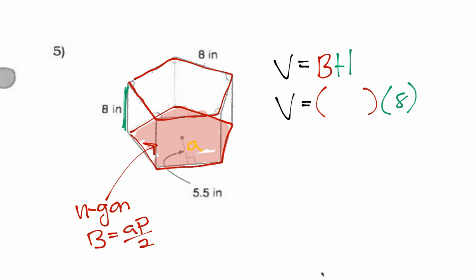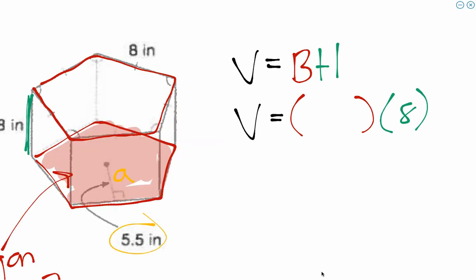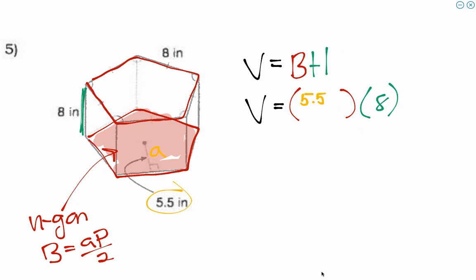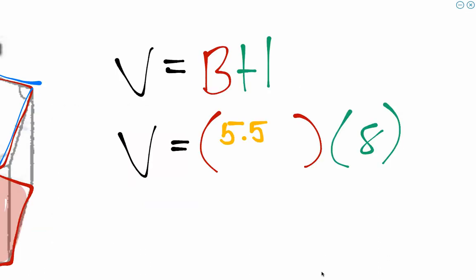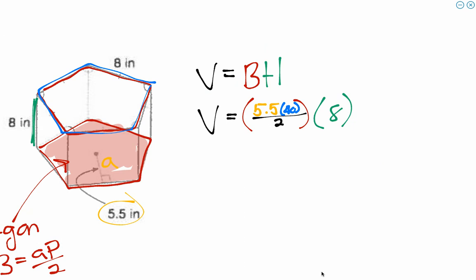A is 5.5. Perimeter is 5 times 8, which is 40. Divided by 2.